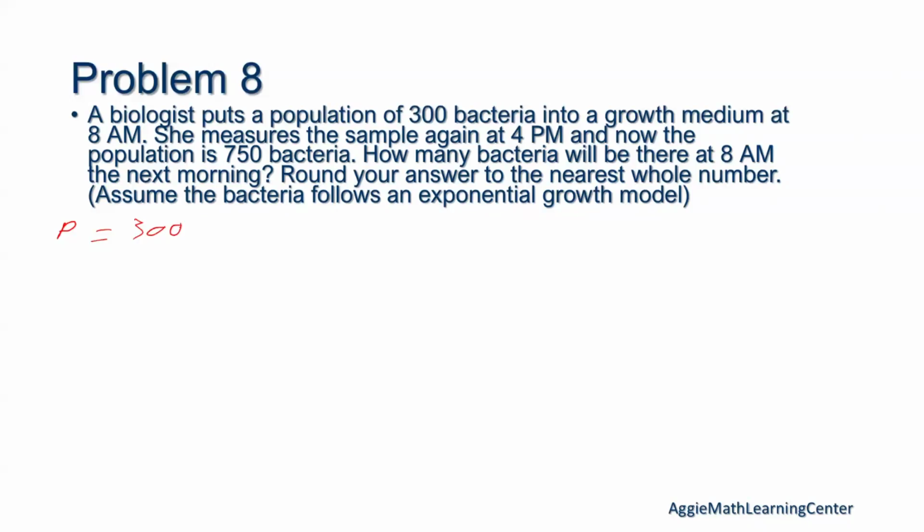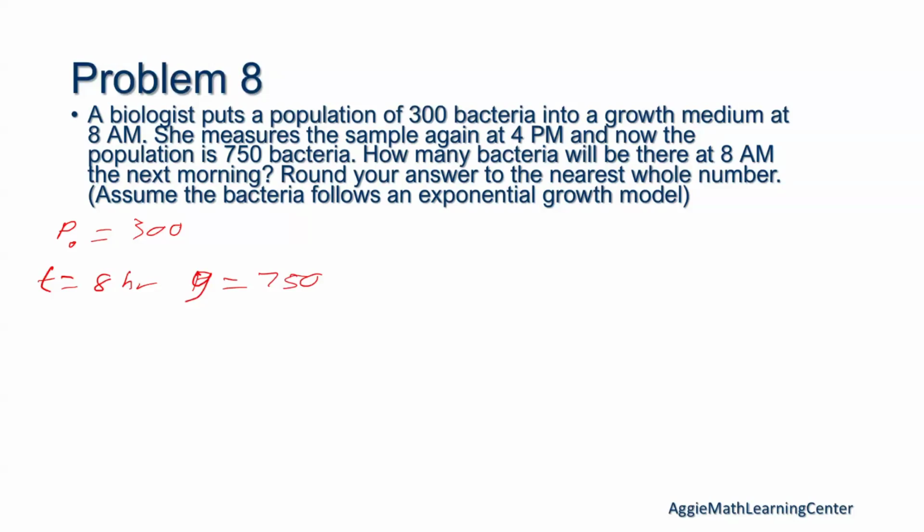Then she measures the sample again at 4 p.m. Between 8 a.m. and 4 p.m., that's 8 hours. So when t equals 8 hours, the population is 750. So P initial is 300, and the other P, or you could say y, equals 750.